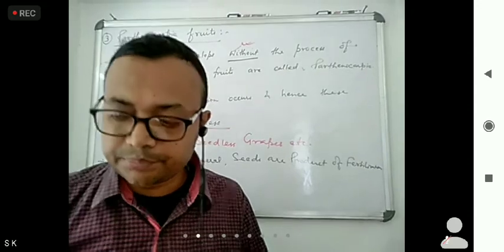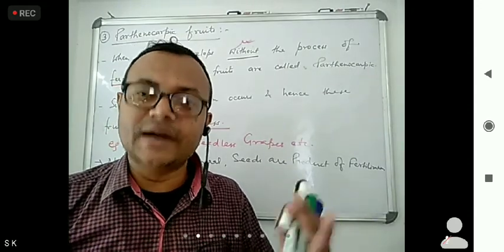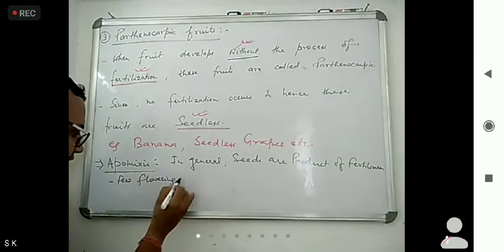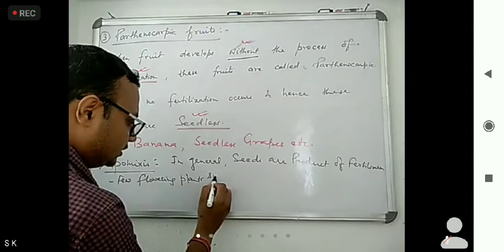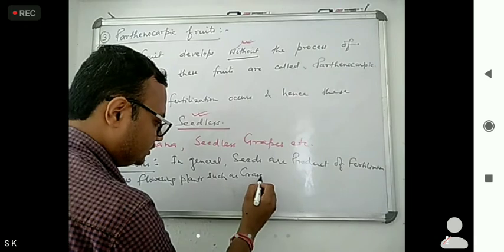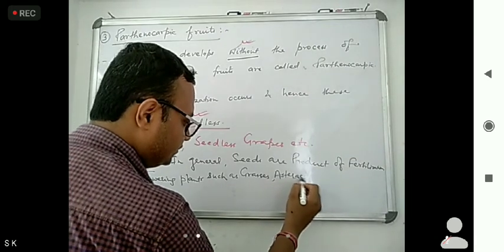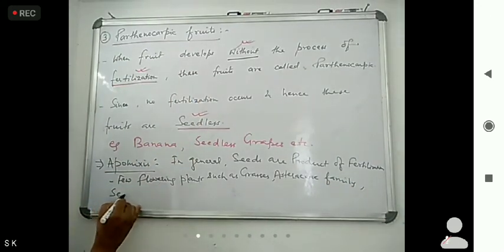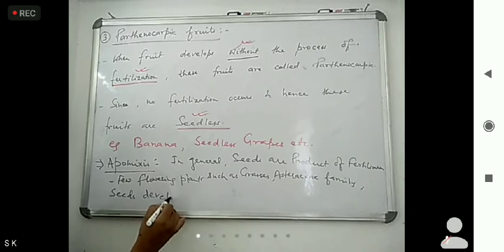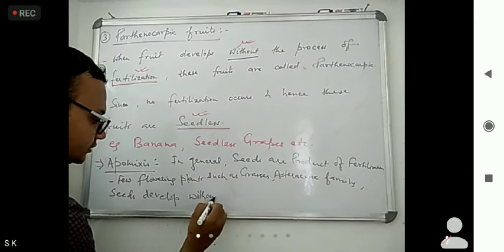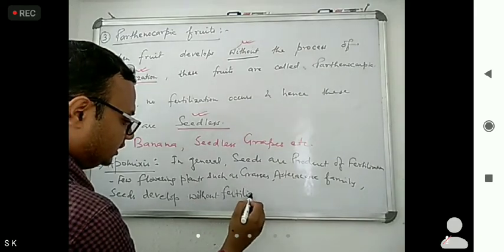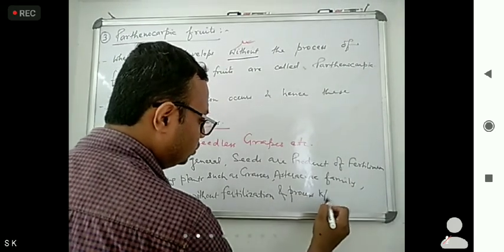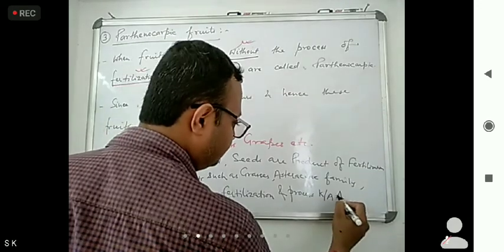But a few flowering plants such as the Asteraceae family and grasses have seeds that develop without fertilization, and the process is known as apomixis.